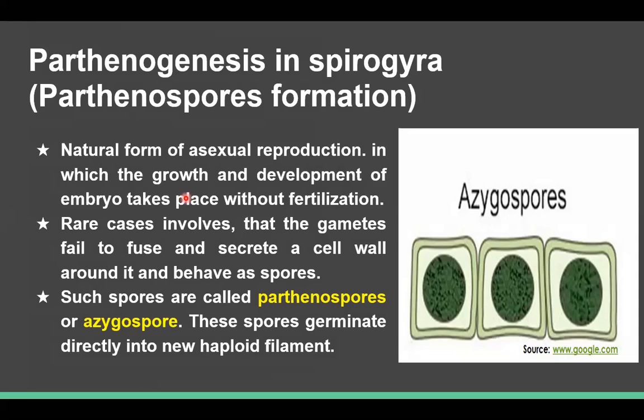These spores germinate directly into a new haploid filament. So here the topic of part 1 is completed. We'll see sexual reproduction in our next video, part 2. Thank you.